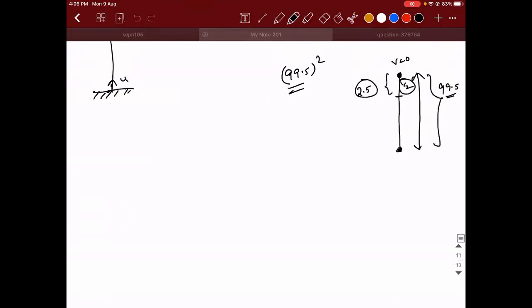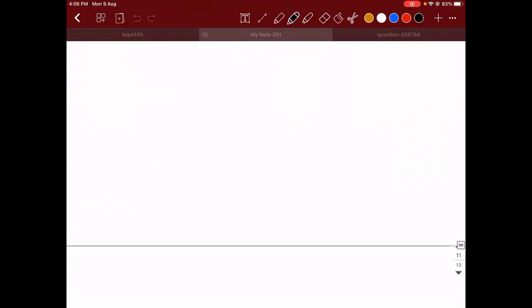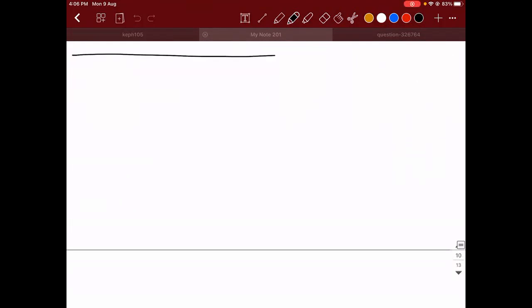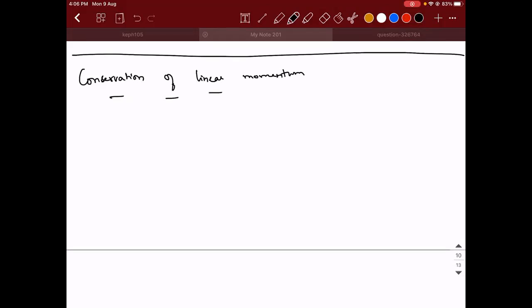What comes to your mind when I ask you the relation between linear momentum and force? So the topic is conservation of linear momentum.